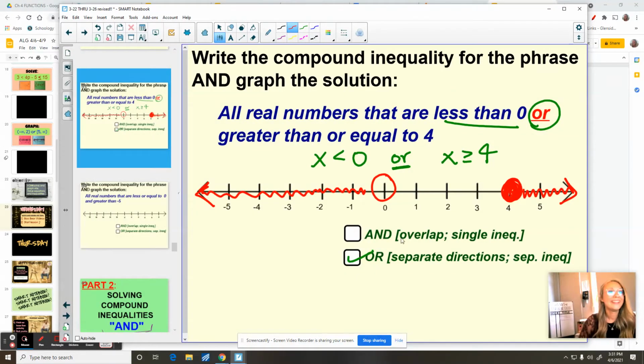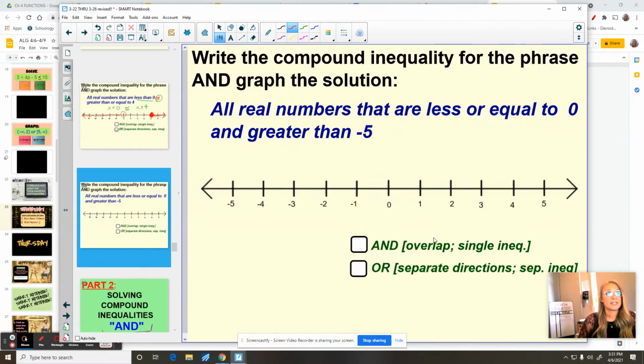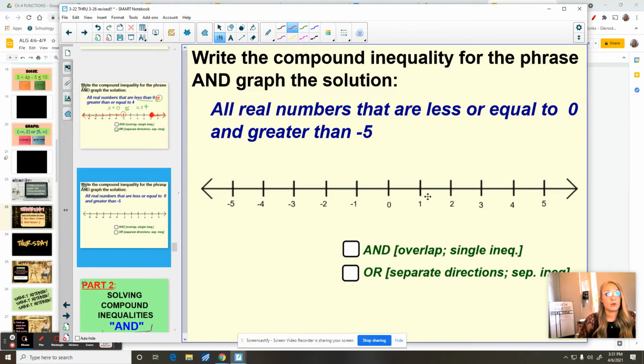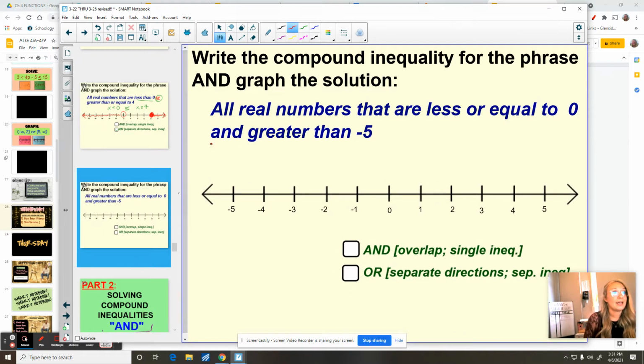Okay, last one. All real numbers that are less than or equal to 0 and greater than -5. It has the word and in there, so we know that that's an and compound inequality. So again, use my little hack. 0, that's going to be your largest number technically.